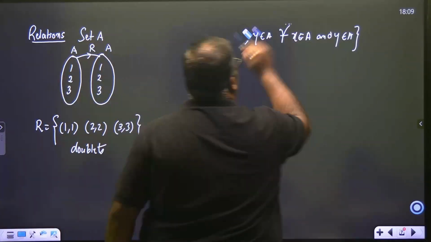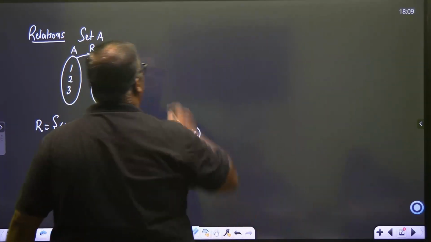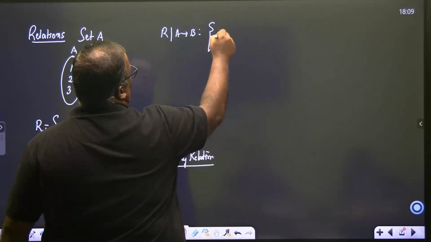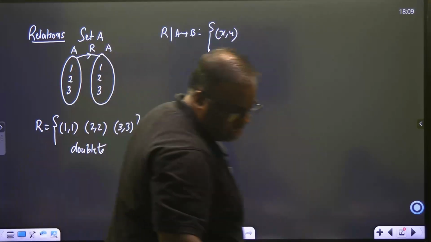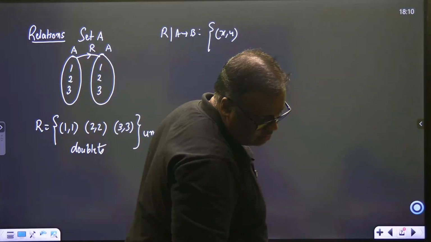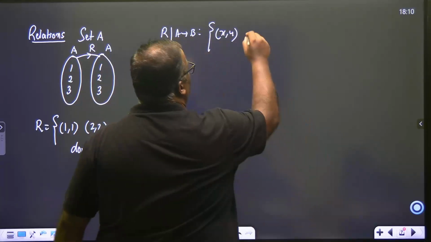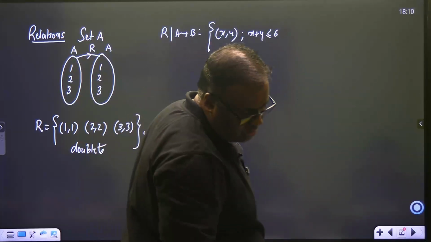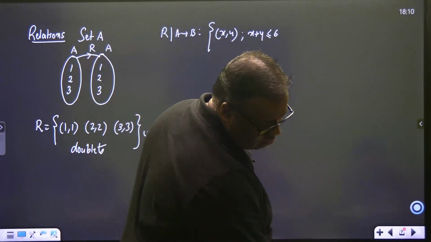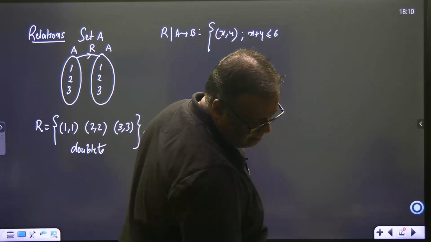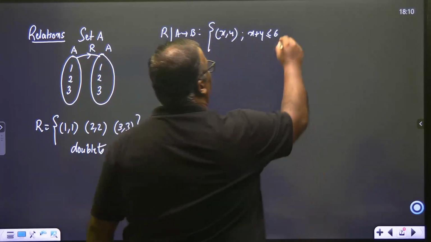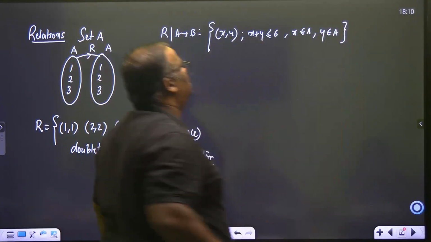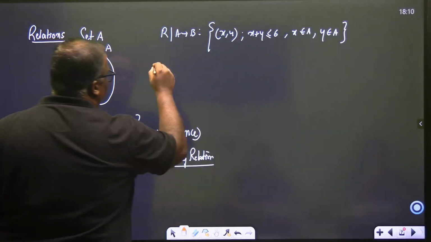So let's see another relation. Not identity. Let's see one more relation. R is a relation that is mapped from A to B such that it gives you an ordered pair xy, and the criteria that we are taking here is the x such that x plus y is less than equal to 6, where x belongs to A and y also belongs to A. Let's try to map this.